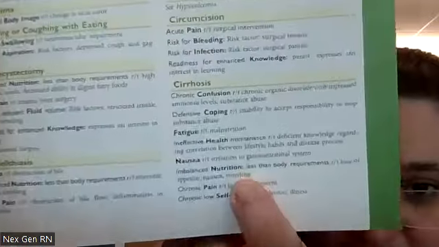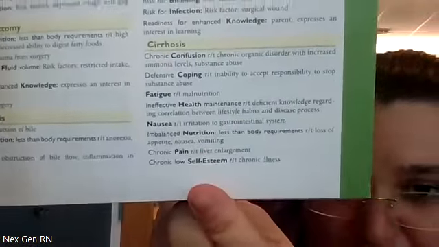Okay, how are you going to put it? Well, you can put here fatigue related to malnutrition, right? You can put here nausea related to irritation to the GI system. It's all right here for you. Pain, self-esteem, how do they relate to each other?